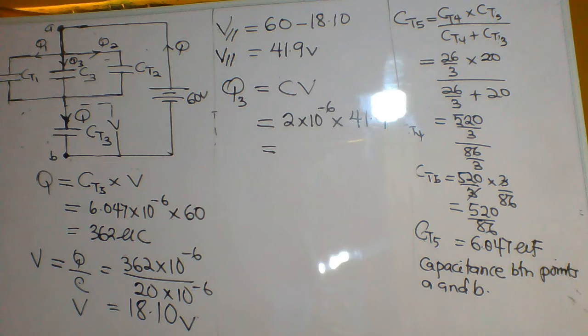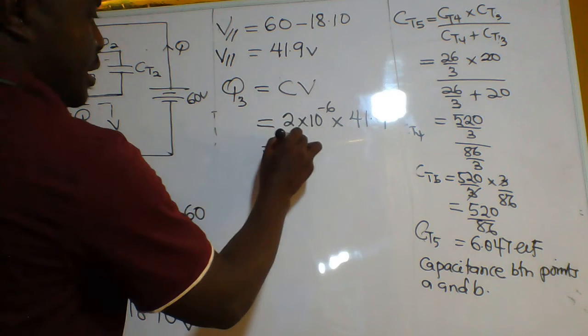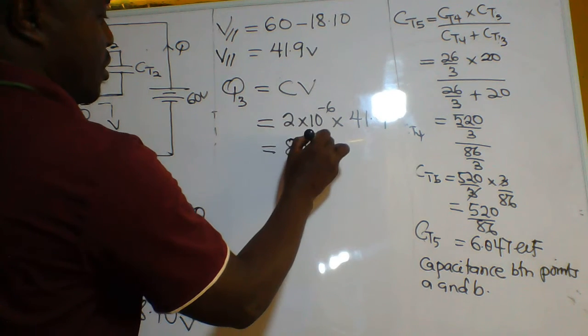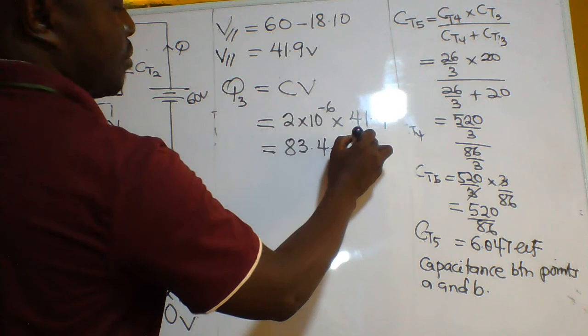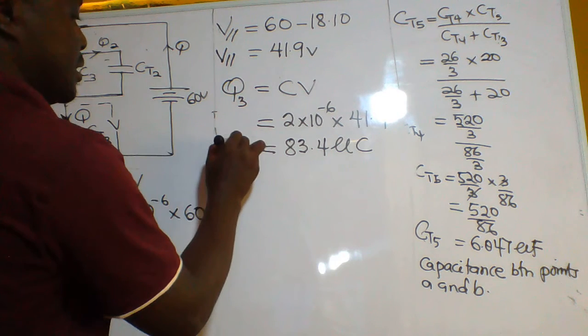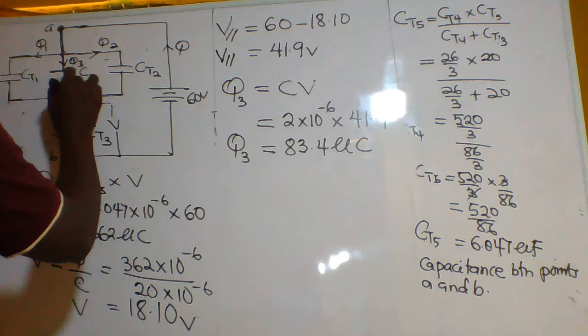Times 2, this is giving us 83.4 microcoulomb as the charge within C3.